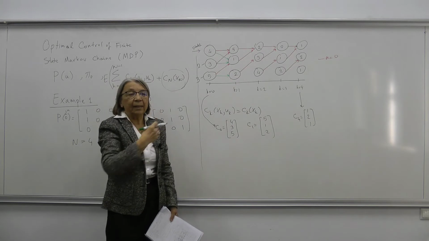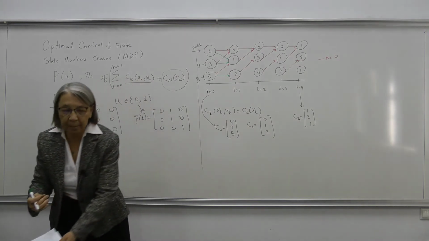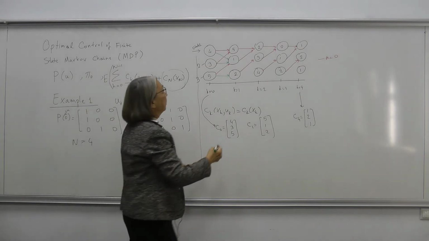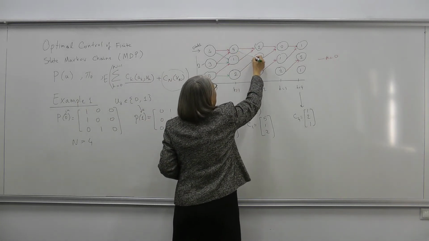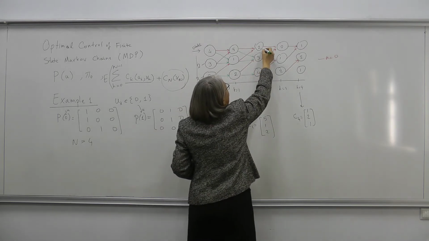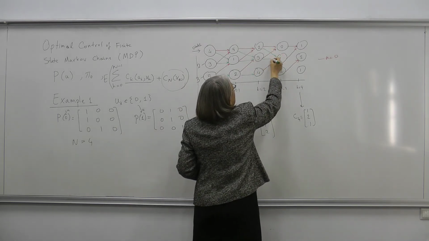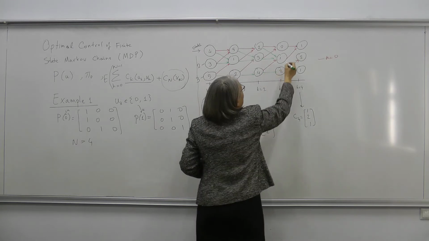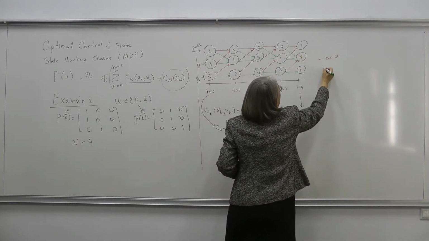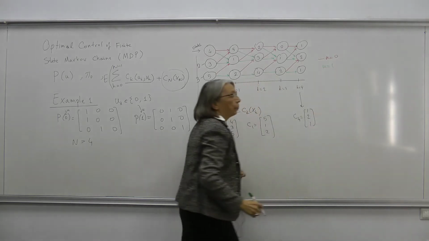And again, since the transition probability matrix is the same for all k, the pattern will again repeat itself, so that these correspond to the case where input is equal to 1. U is equal to 1, okay?